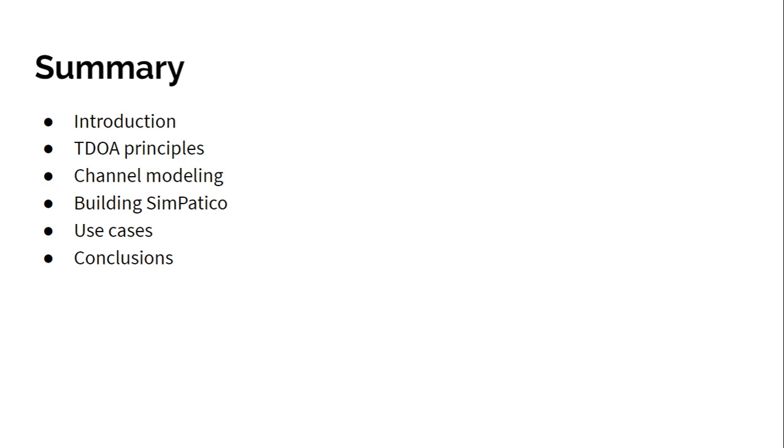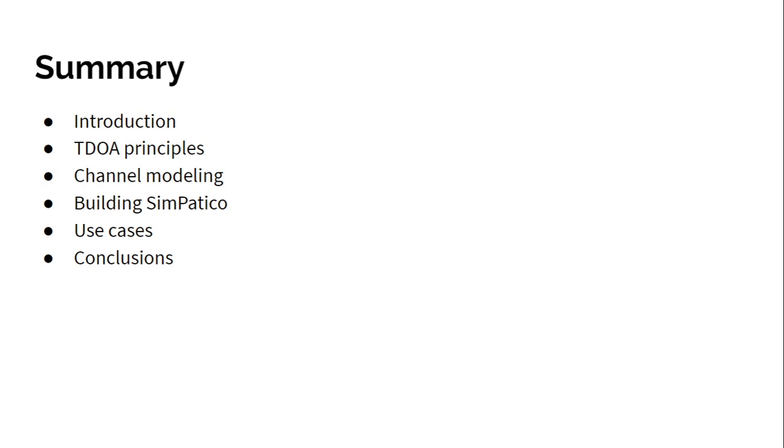This is actually not very common to do, explain some code, but the thing is that after SimPatico is released, if somebody wants to take a quick look at how some of the functions work, he or she will be able to do so in a quite quick fashion.